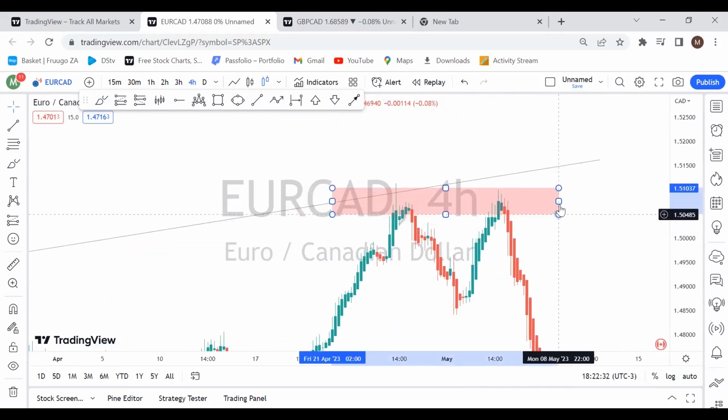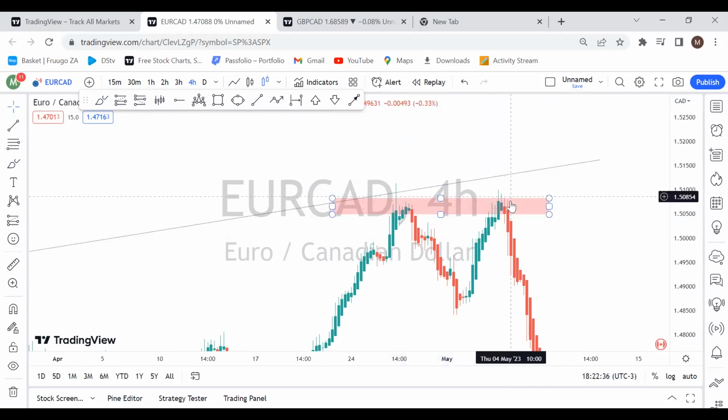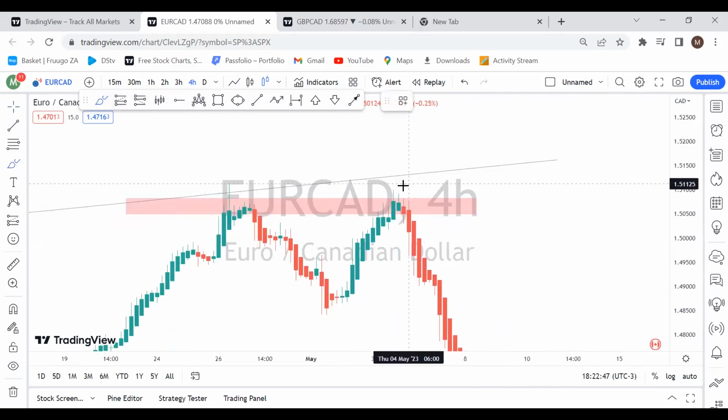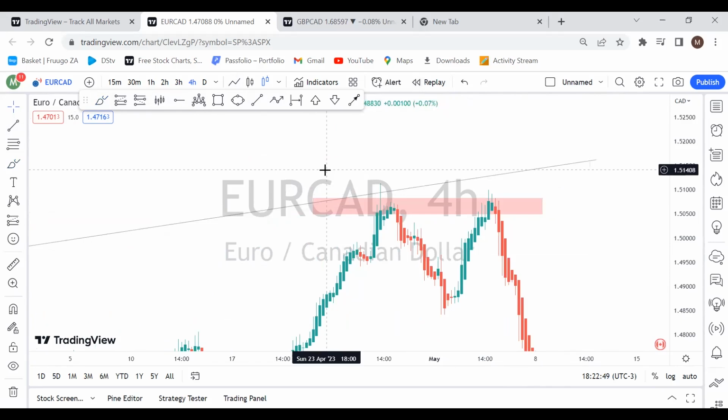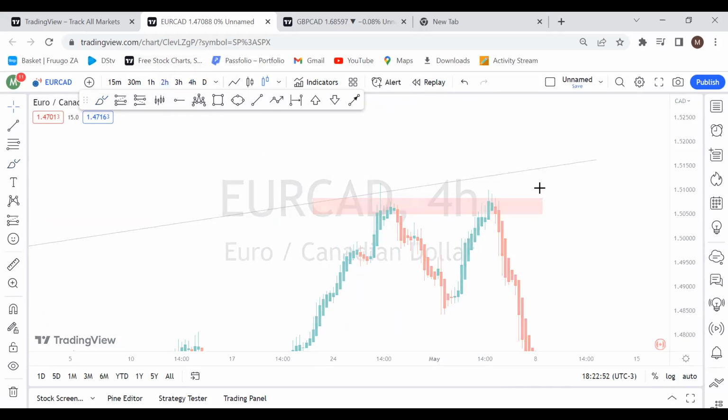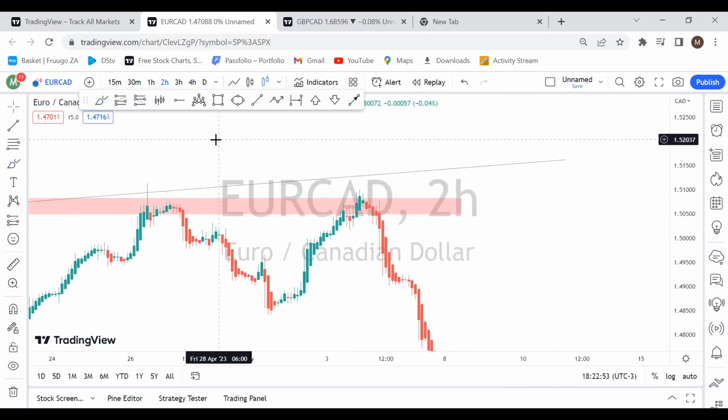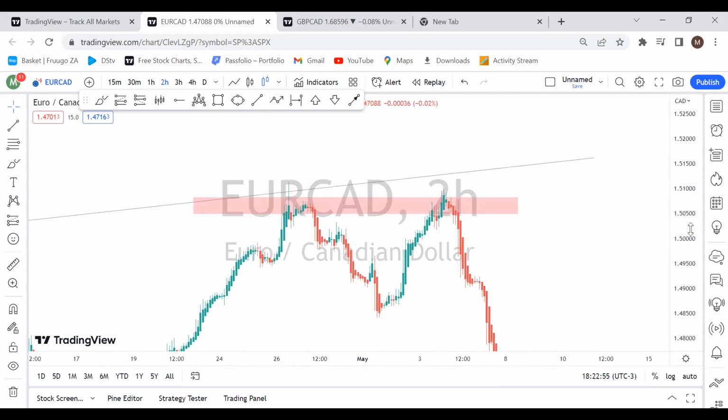In this case, our first entry could have been after reversals on the second leg of the double top, right? So this part right here. So usually, okay, this is still in the 4 hour time frame. So let's just go down to the 2 hour time frame, maybe.